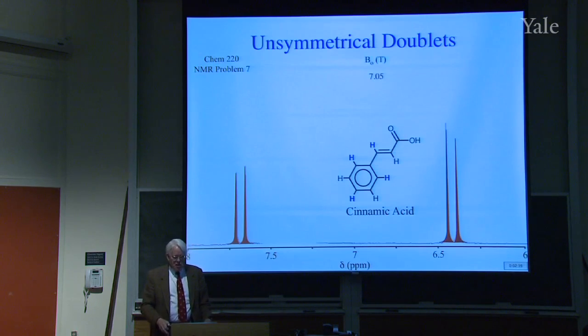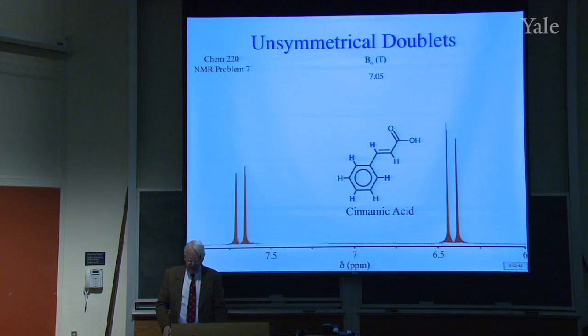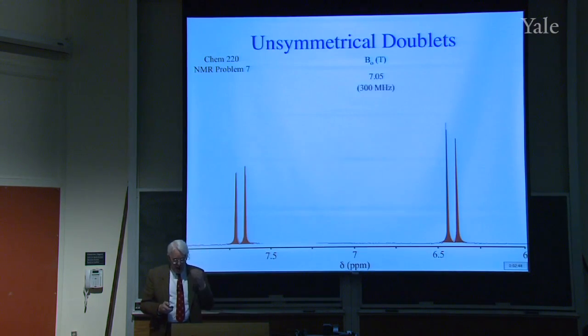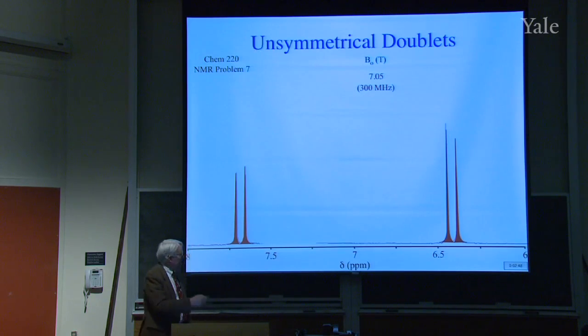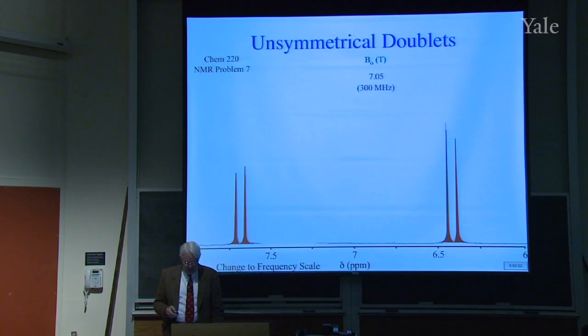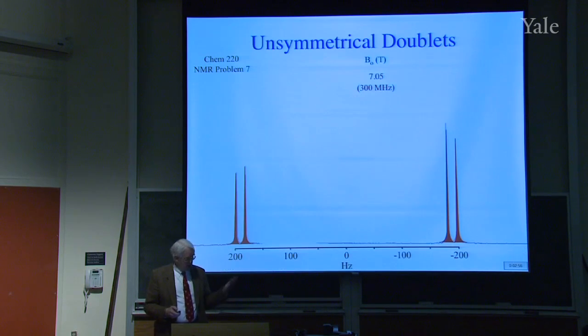Now, this is measured with a magnetic field of 7.05 Tesla. That means it's a 300 megahertz spectrometer. So instead of using parts per million down here, we could change to hertz if we wanted to, change to a frequency scale. And in terms of frequency, if we call 0 the middle, then that's lower frequency to the top, higher frequency to the bottom.